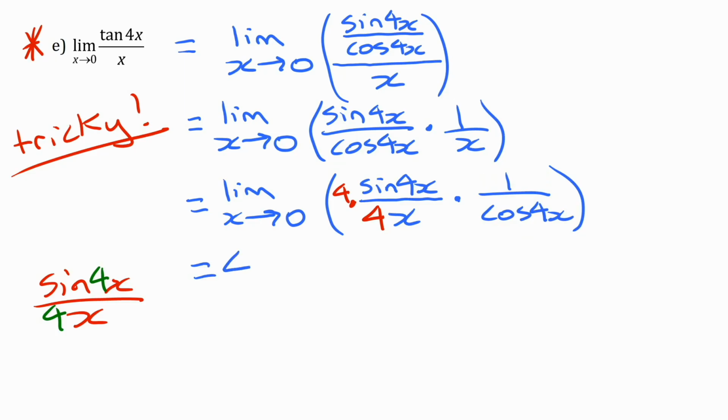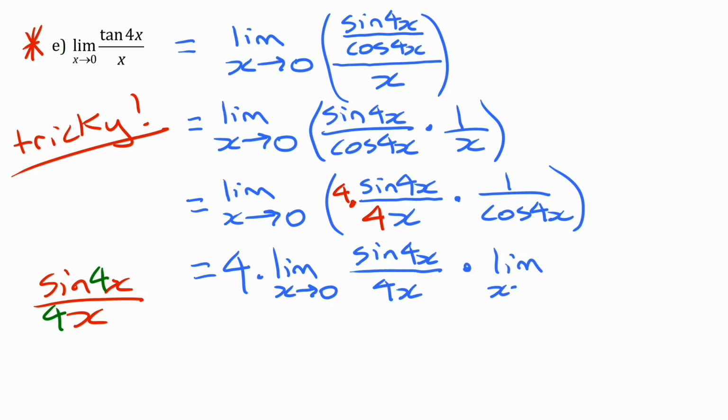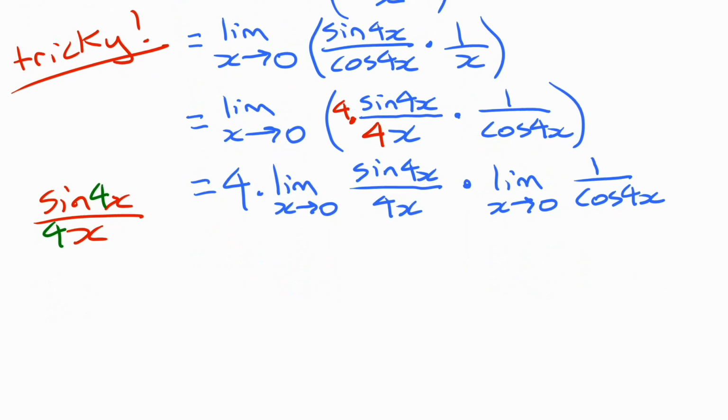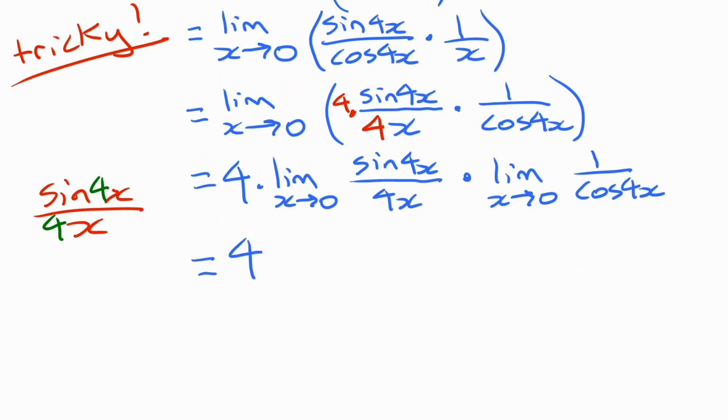So we'll write one more equivalent limit here. 4 times the limit as x approaches 0 of sine of 4x over 4x, and then that times the limit as x approaches 0 of 1 over cos 4x. So we have 4 times this limit that we know and we saw was 1, so we can replace it with a 1.